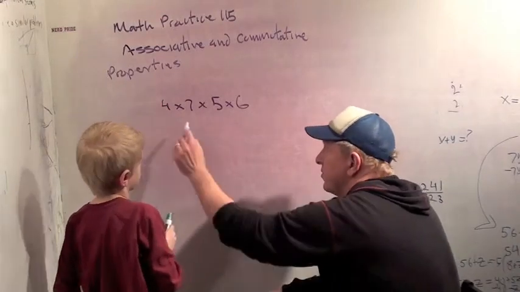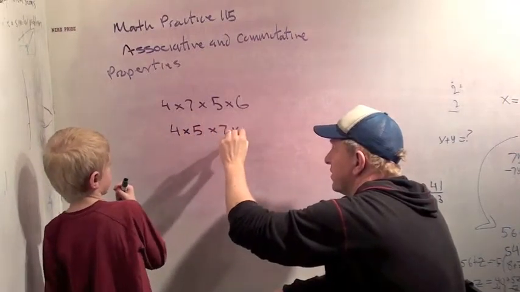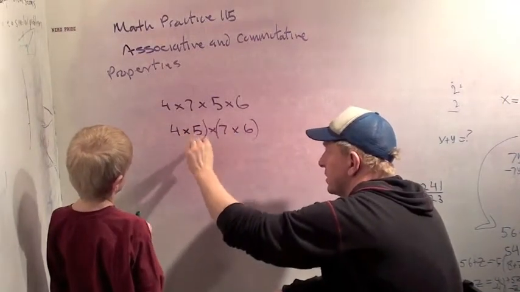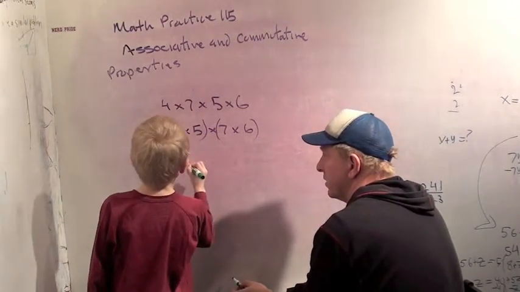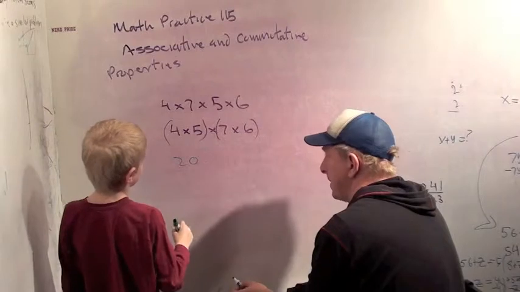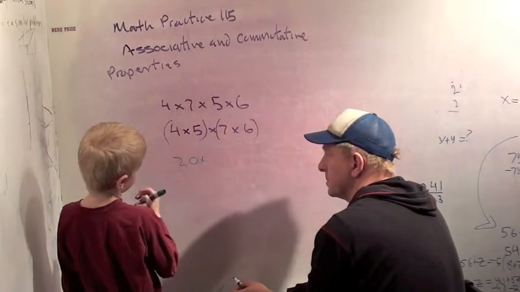Okay, 5 times 4 is pretty easy, so maybe we'll do 4 times 5 times 7 times 6, like this. What's 5 times 4, or 4 times 5? 20. And 7 times 6, well, it's 42.